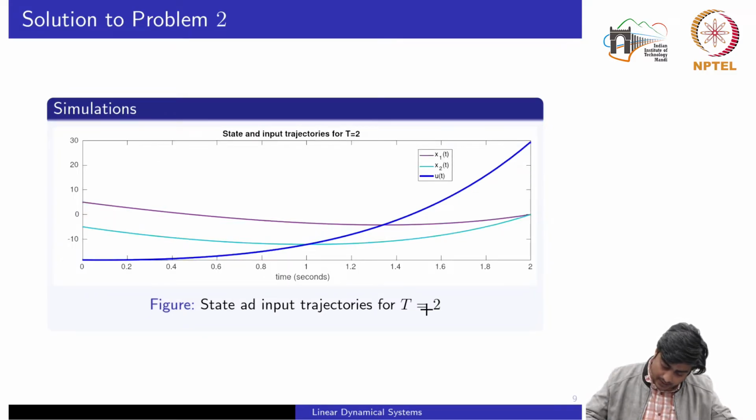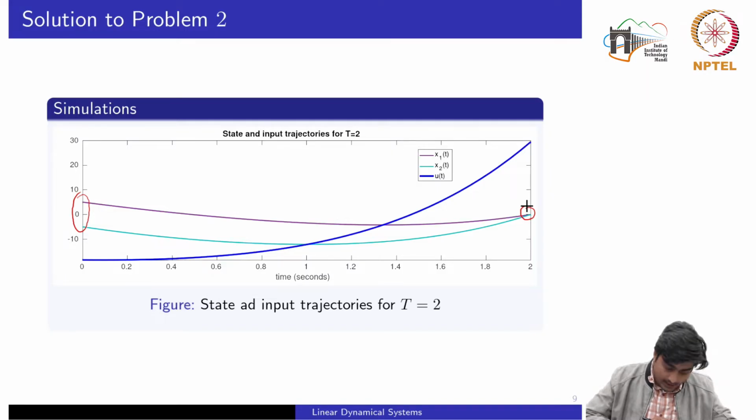Now if we look at T equal to 2, this is the input signal you are seeing in dark blue, and again starting from the initial conditions, we reach the origin in 2 seconds.